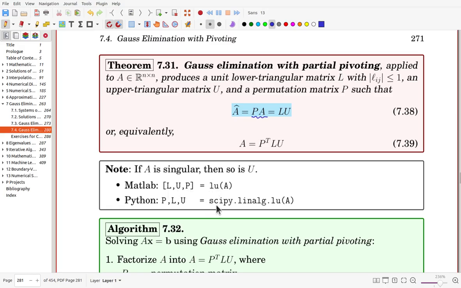In Python, in the SciPy package linear algebra, you can find lu. And in this case, the order is different: P first, then L, U. So be careful when you are using one of these commands.